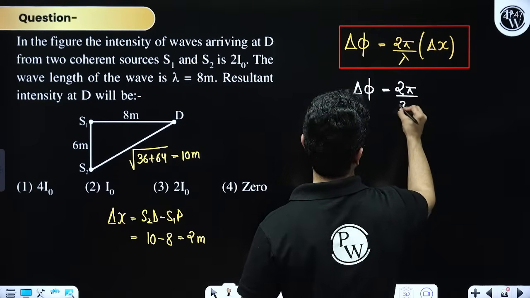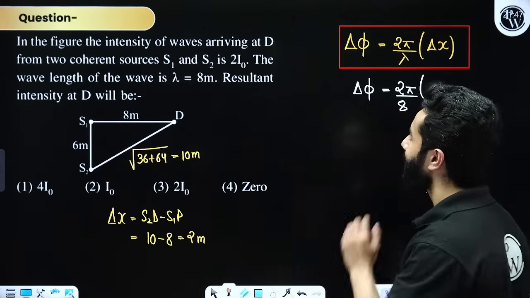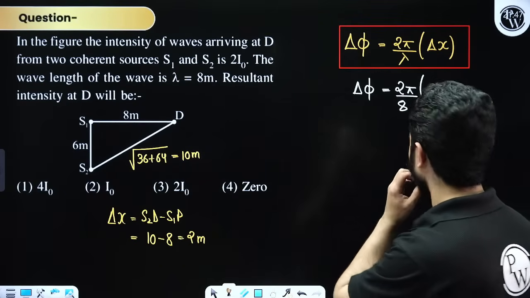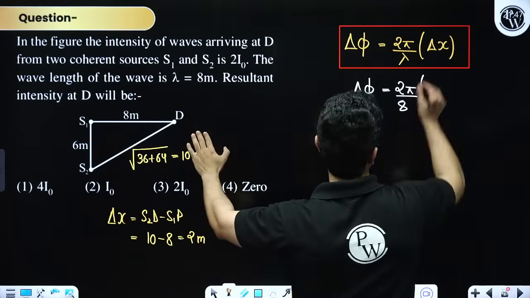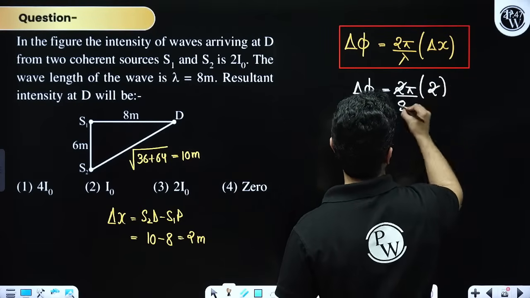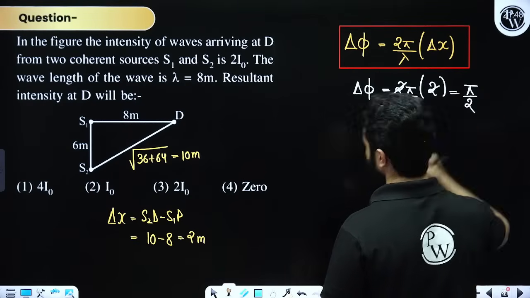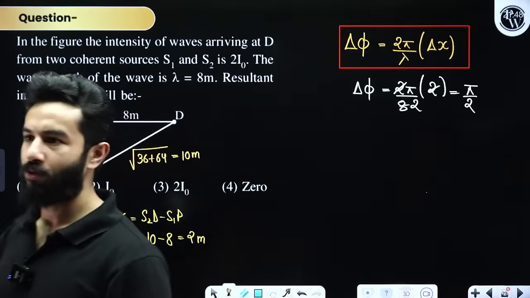Lambda can be written as 8, and delta x is coming out to be 2. So this will become pi by 2. Clear? This will become pi by 2.